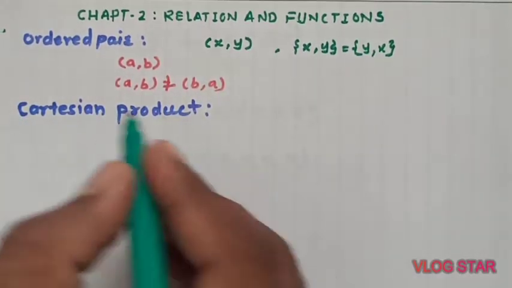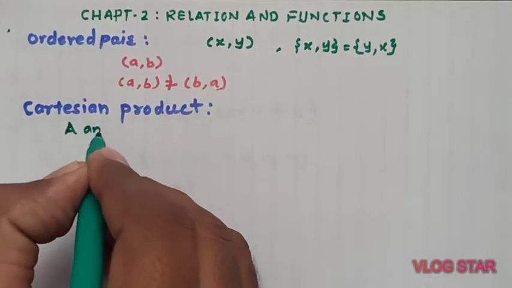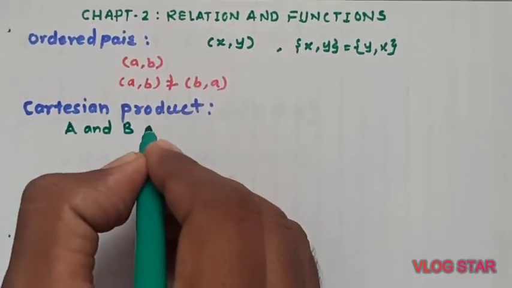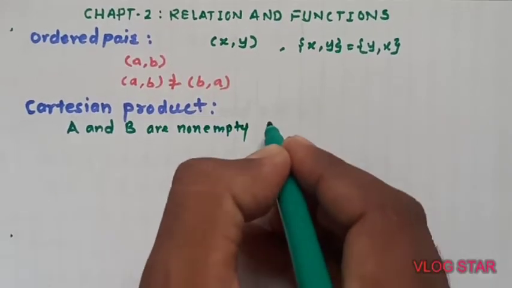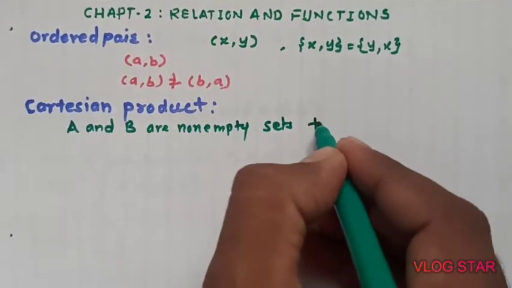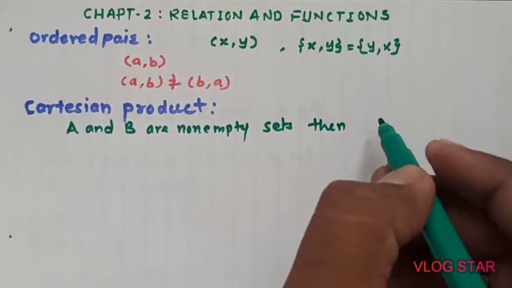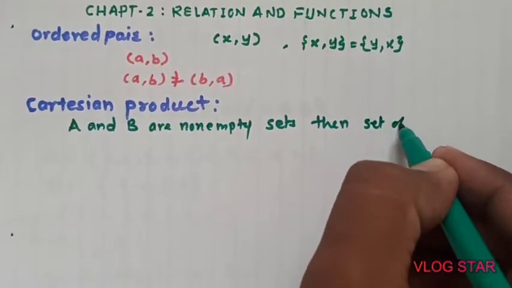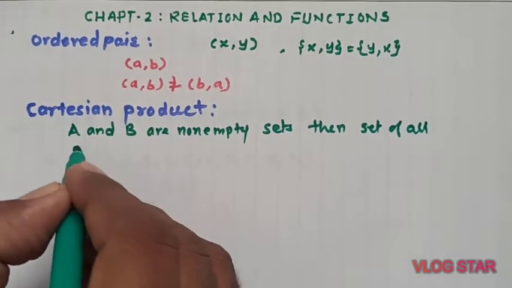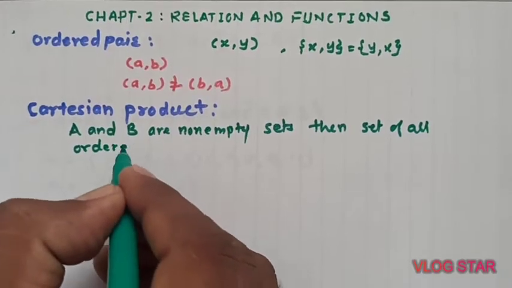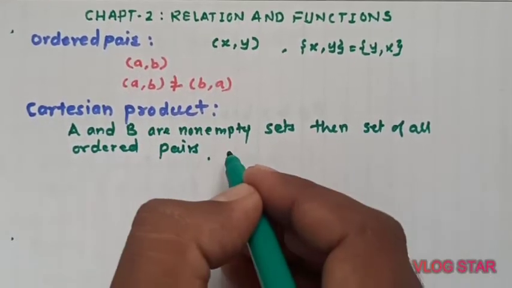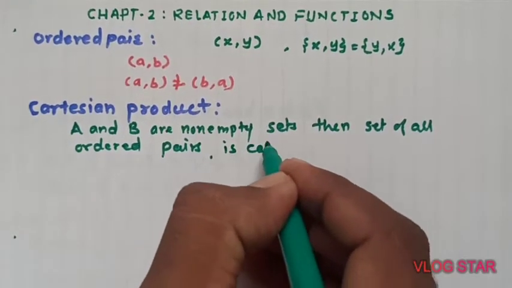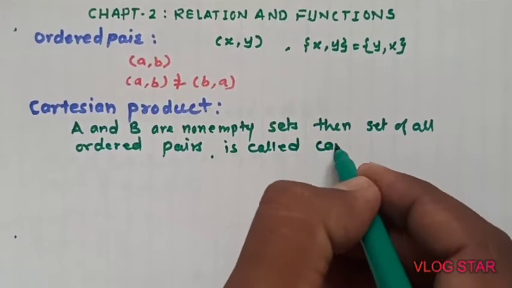Let's check. If we have two sets A and B, non-empty sets, then set of all ordered pairs is called Cartesian product.